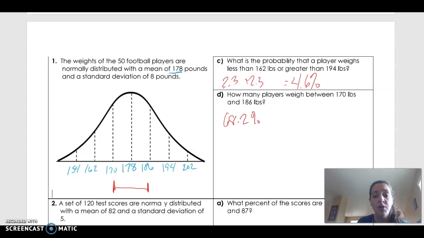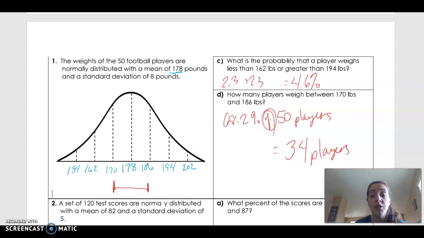I also started with 50 players. So if I can figure out what 68.2% of 50 players is, I'm going to multiply, and that would give me 34 players. So all I have to do there is take the percentages that I know and the player numbers that I know and then multiply those to get how many players fall into that category.